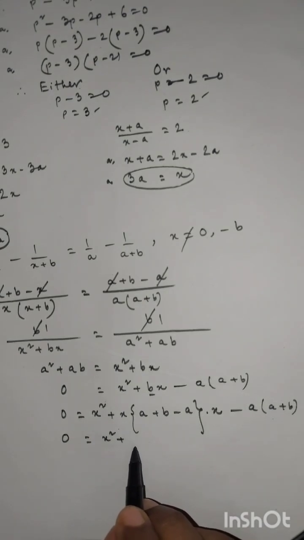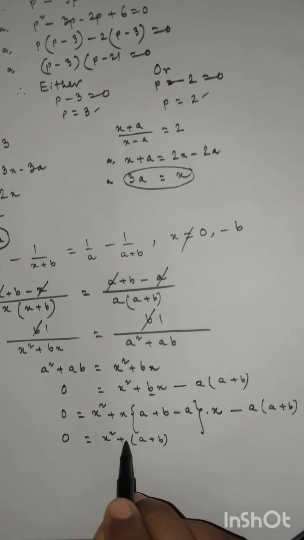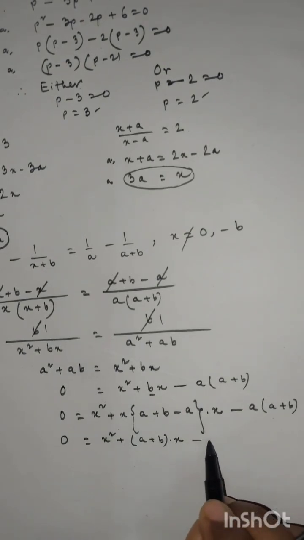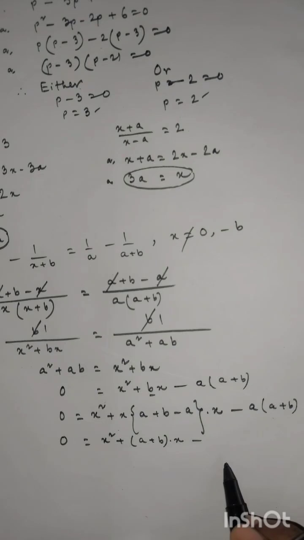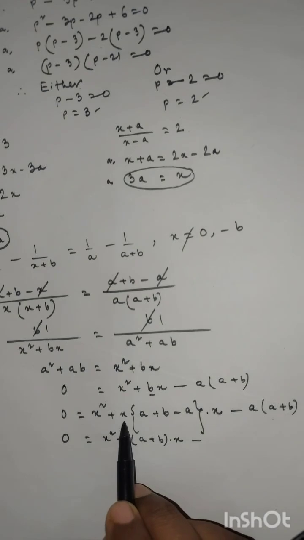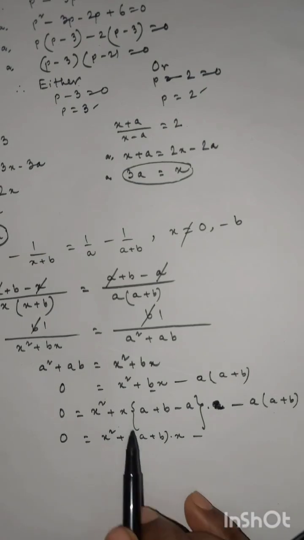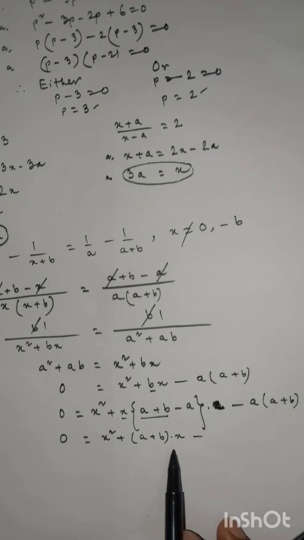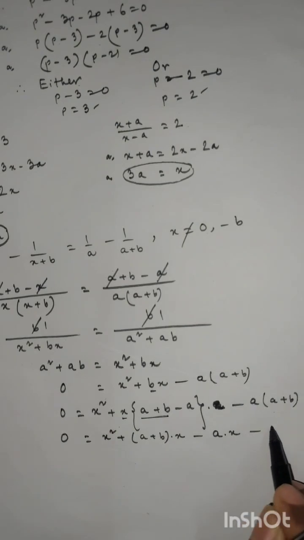So we can write a plus b into x and minus a into x, we have written this x to the left side. So okay, we are multiplying x to this quantity, so x into a plus b into x and minus a into x and minus a into a plus b.